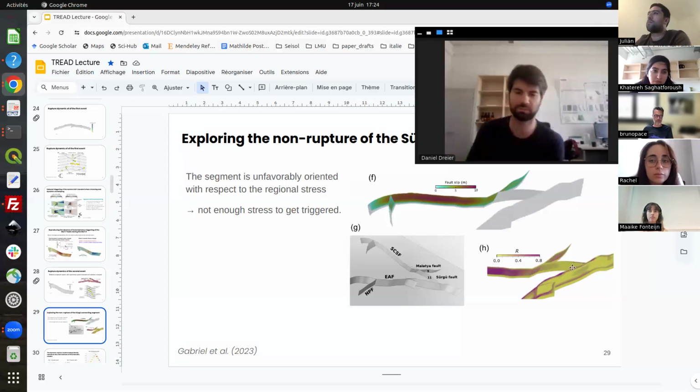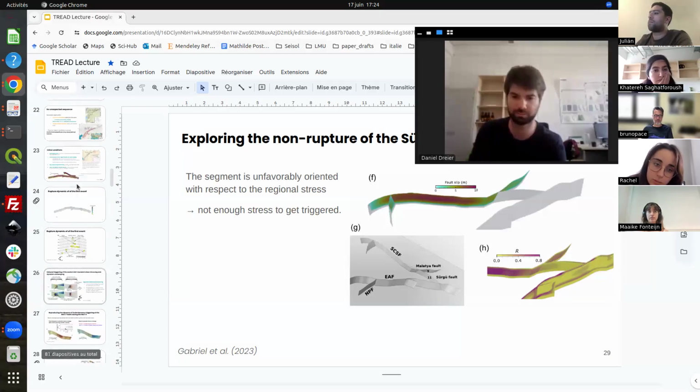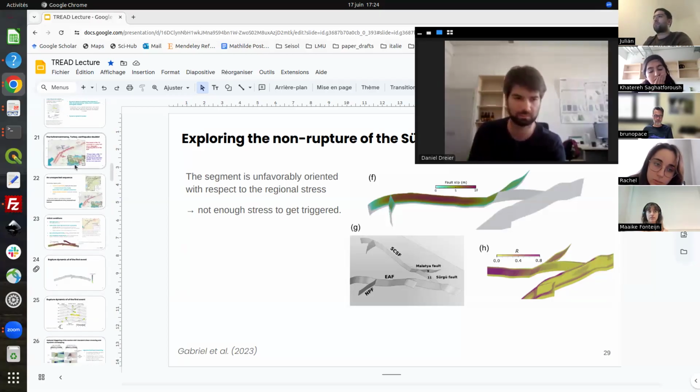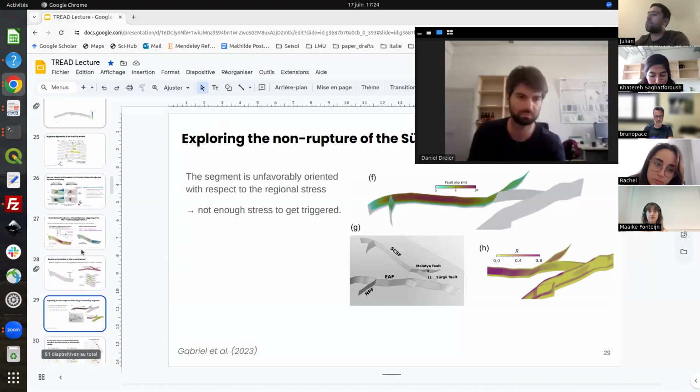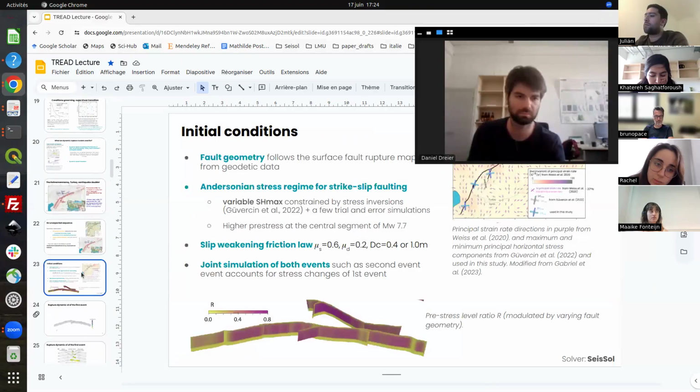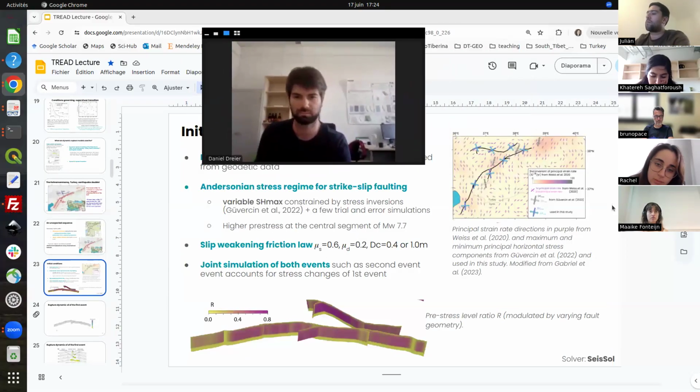Yeah, but you keep those homogeneous, right? The whole stress regime? No, not entirely. It's not completely homogeneous. I'm looking for the slide. It's here. We have some observationally constrained data from Güvercin and collaborators about how SHmax varies in the area.